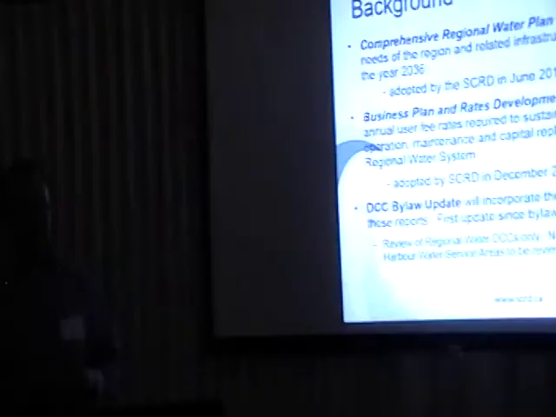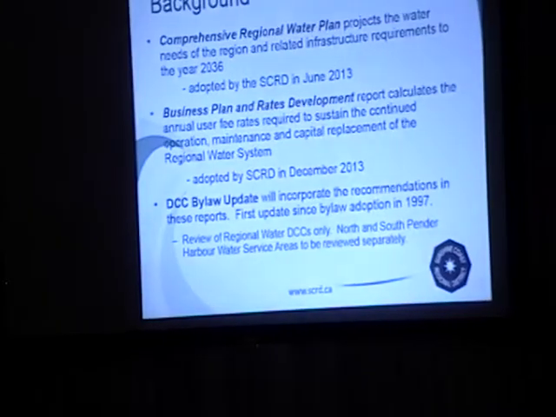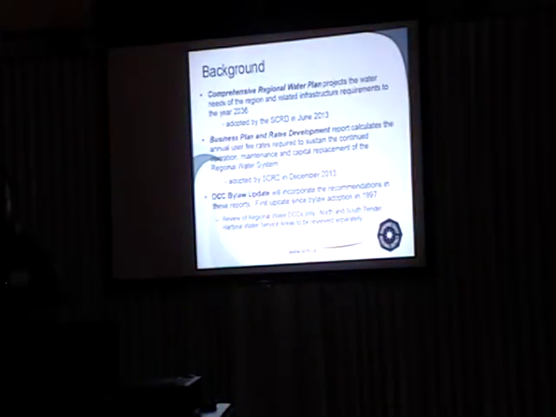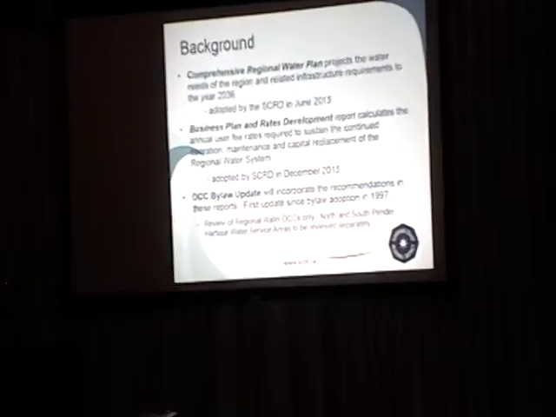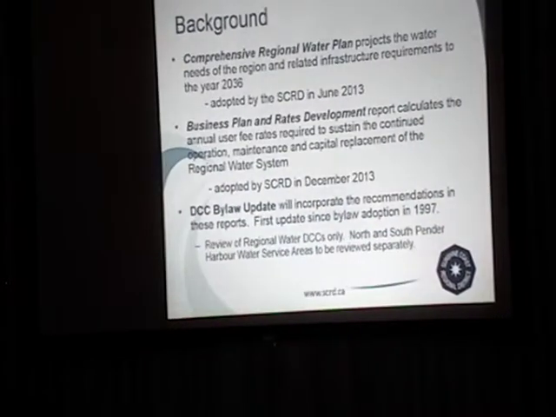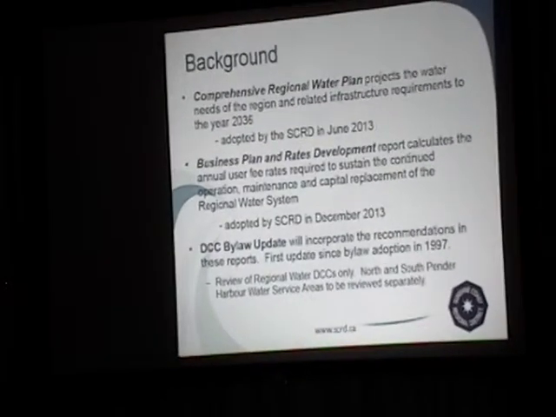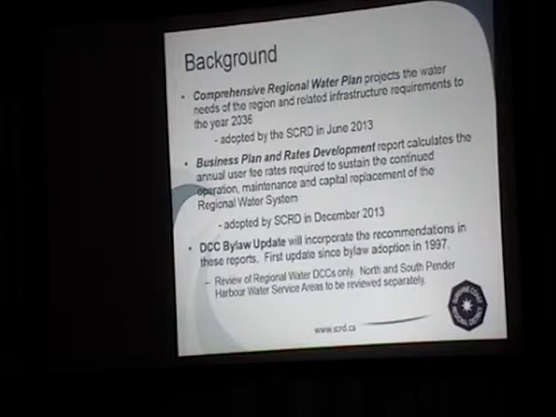So just to provide a little bit of background, this is essentially the third step in a three-step process. I don't know if you participated in the development of a comprehensive regional water plan, but we adopted a master plan for the regional water system last year.